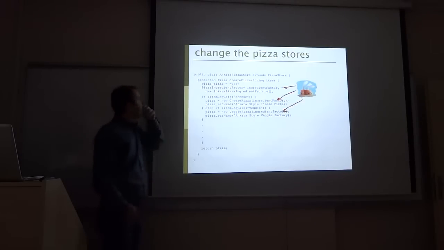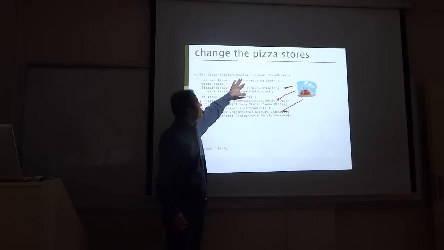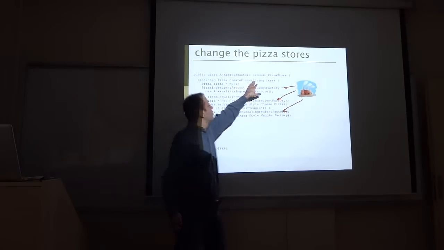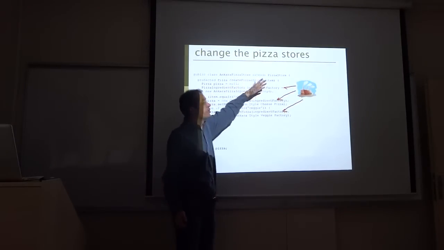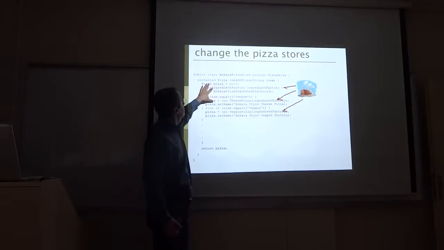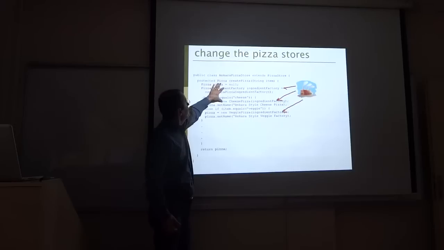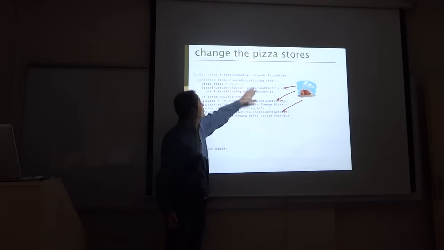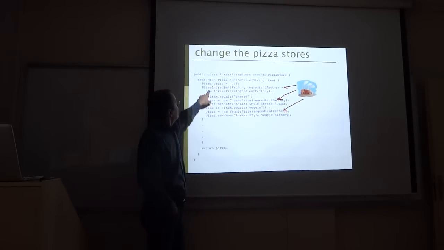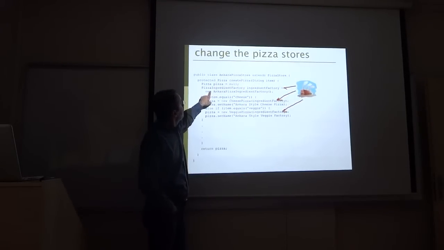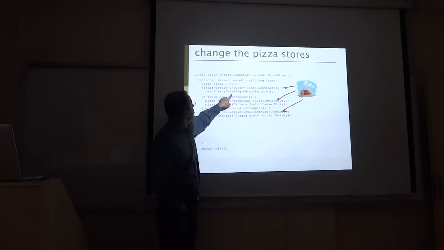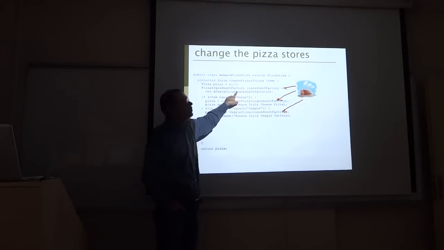So what happens is, when I have an Ankara pizza store, which is a type of pizza store in the abstract class, when I'm creating a pizza, I will be getting my ingredient factory. This is going to be an Ankara pizza ingredient factory because I'm in Ankara.